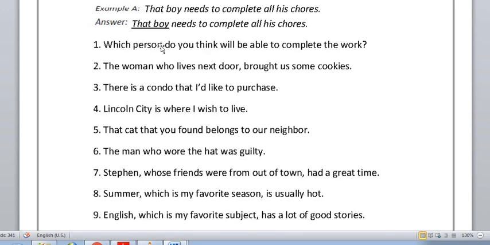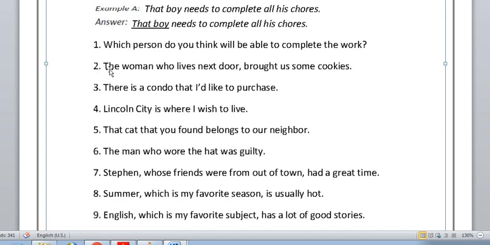This should be underlined. It seems that this part is a PDF, so we can't work on it. Anyway, you can write the sentence as homework. When you send me the homework, you can write, for example, number one, which person do you think? Enough. I understand this is your answer.